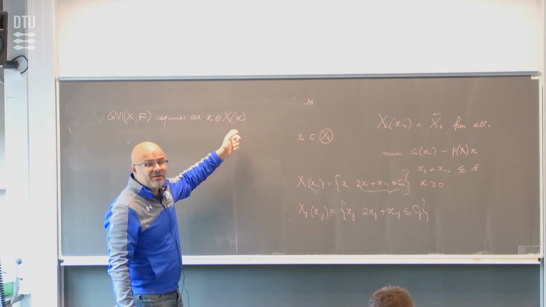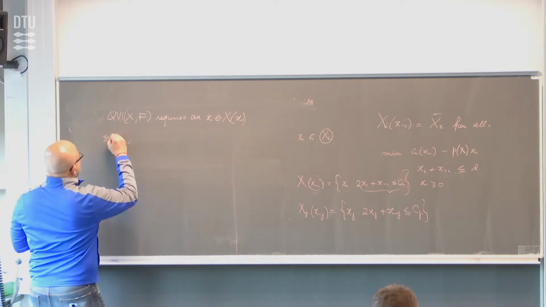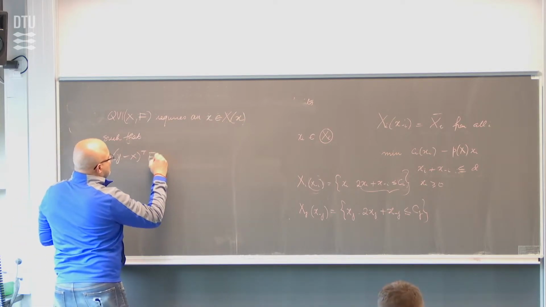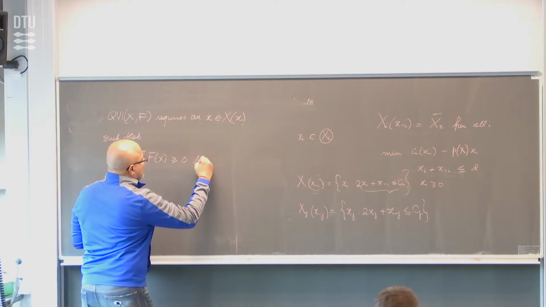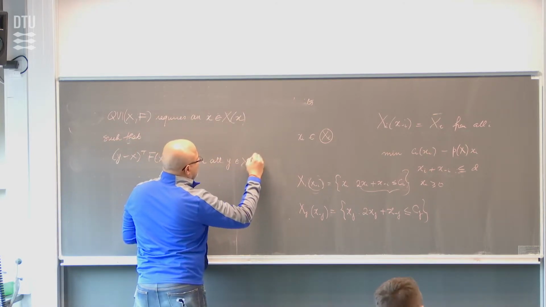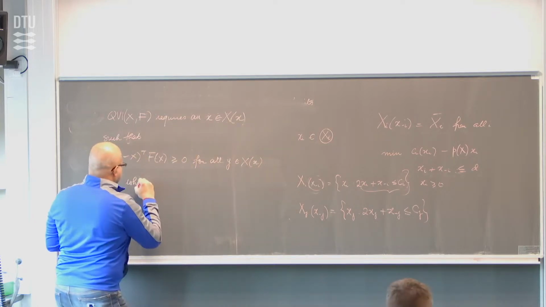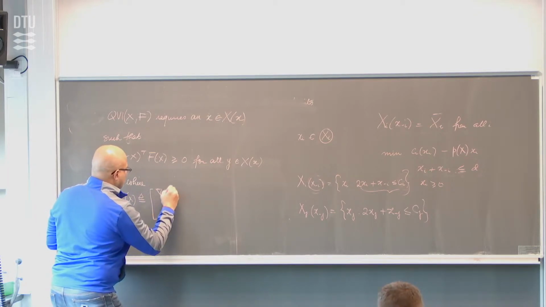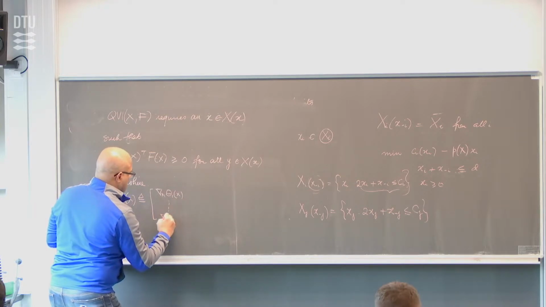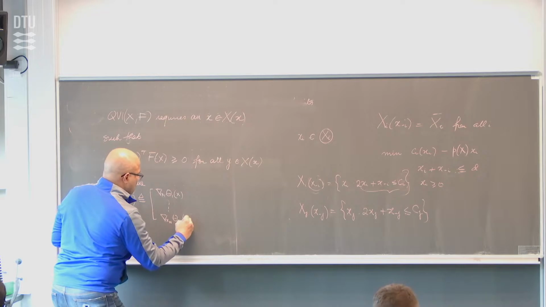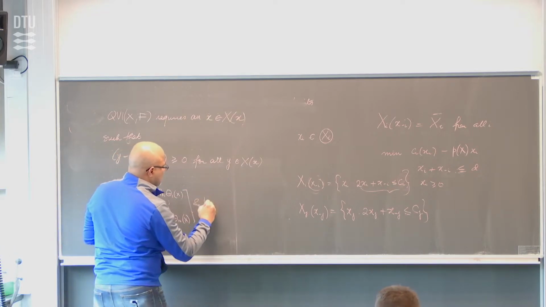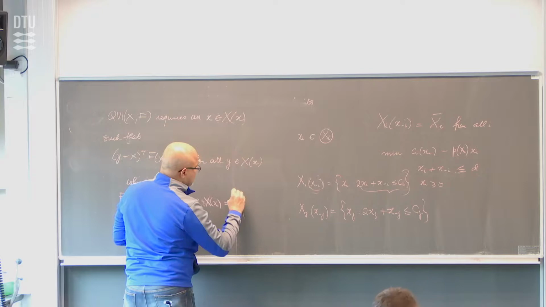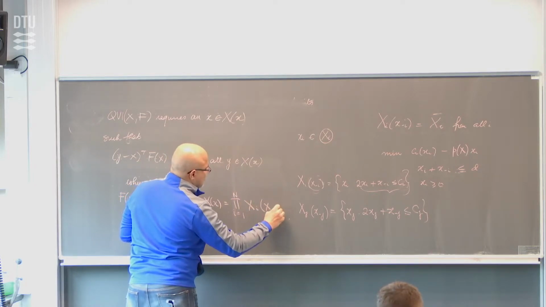So you need a fixed point of this map such that y minus x transpose F(x) is nonnegative, so the x is the same, and X(x) is the Cartesian product of Xi(x minus i).